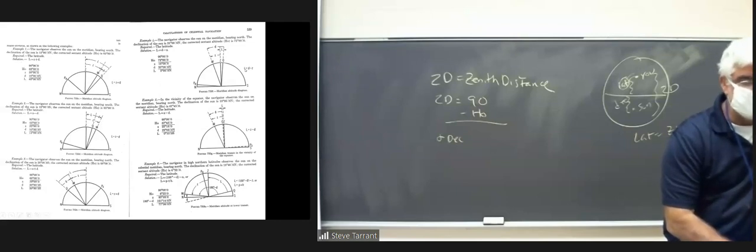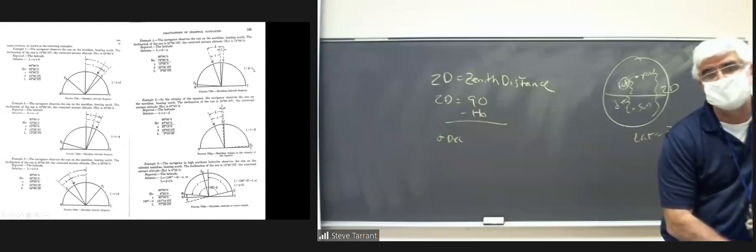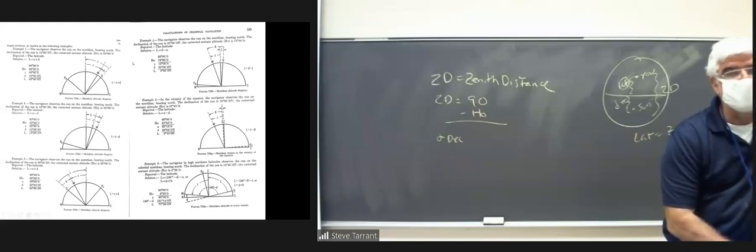In this situation, latitude equals zenith distance, which is 90 minus HO, plus declination. Over here, on the other side, latitude is declination minus ZD. These are the formulas for SAME.